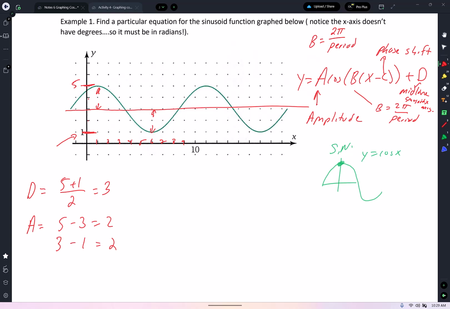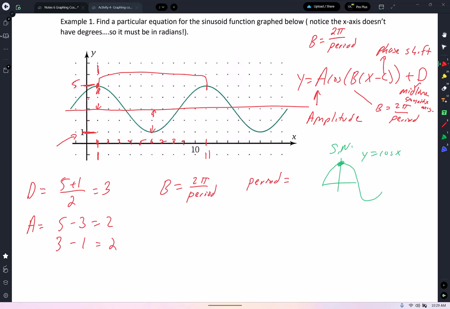So now we need two things. We need the B. So we get the B by doing 2 pi divided by the period. So I'm going to come here to the side. I'm going to write the period is, let's see, I have a peak right at 1. And this peak right here is at 11. You don't have to do peak to peak. You can choose other methods like min to min.